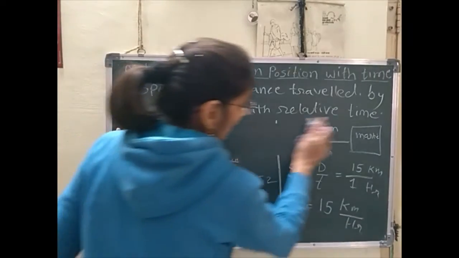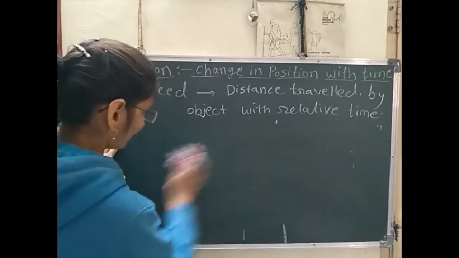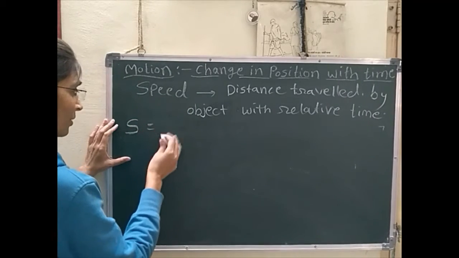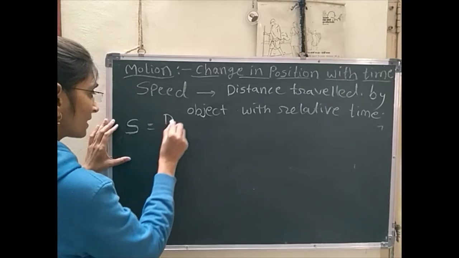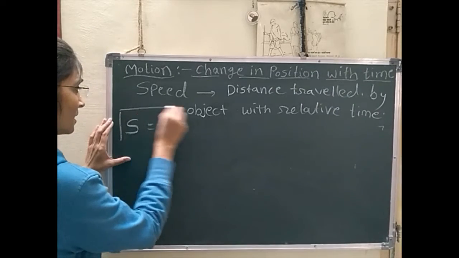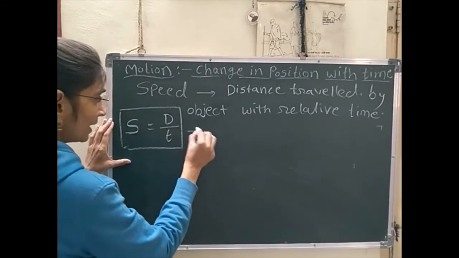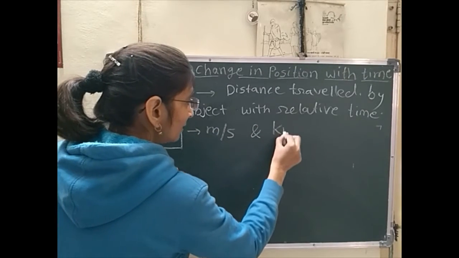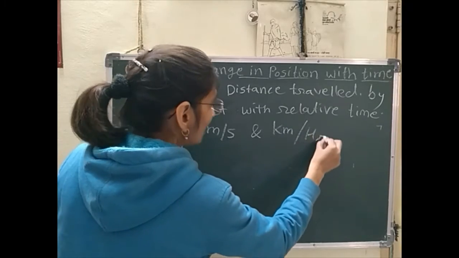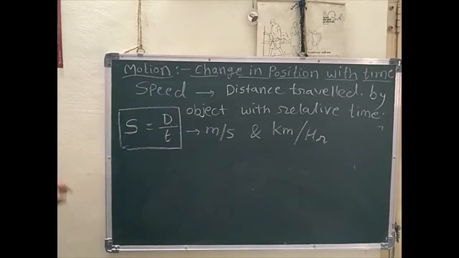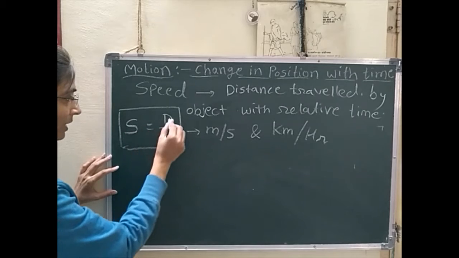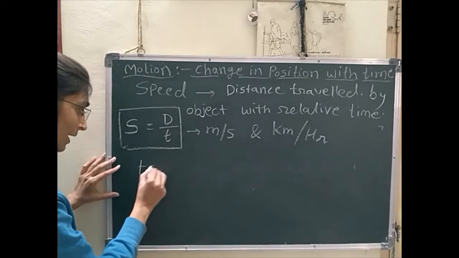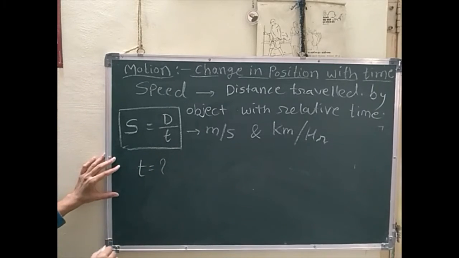So again, firstly we have to write down distance upon time. That is the formula of speed, and the unit is meter per second and kilometer per hour. If distance is given and we have to take out time, what do we have to do?